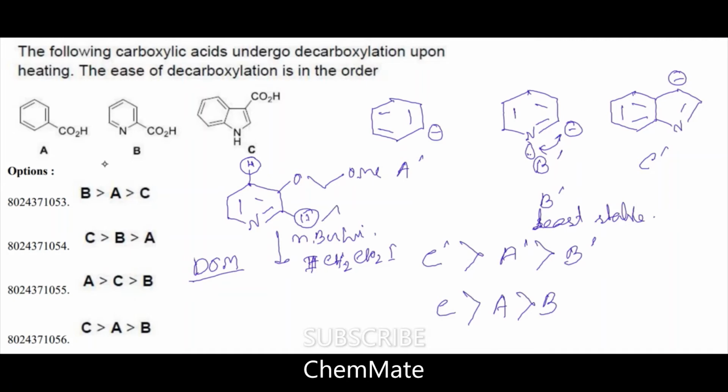This proton will not be taken by the n-butyl base, because the negative charge produced here would repel with this lone pair of nitrogen. So here the negative charge will not be produced, and that's why the product will be the 4-iodo derivative of this. So the product will be this.